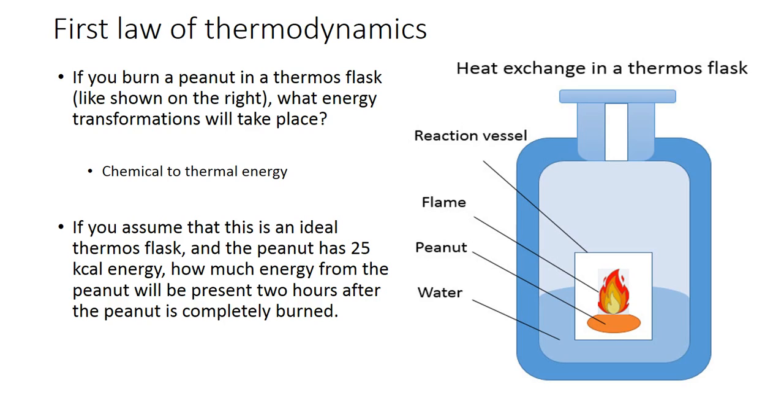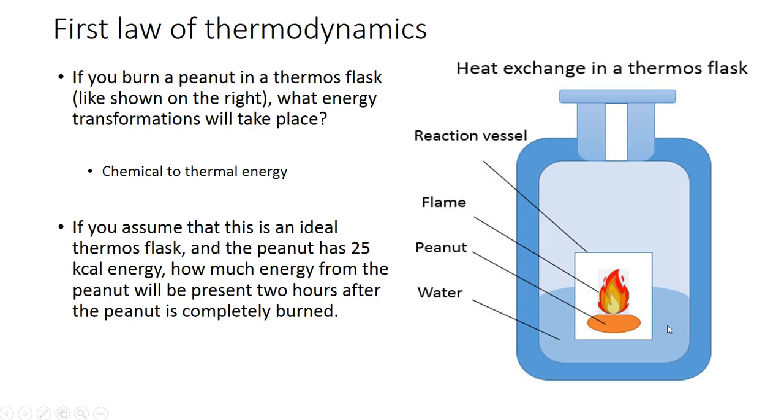An ideal thermos flask should not allow heat out, should not allow heat in. That's an important aspect of an ideal thermos flask. So if we assume that this is an ideal thermos flask, and the peanut has 25 kilocalories of energy, how much energy from the peanut will be present 2 hours after the peanut is completely burned?